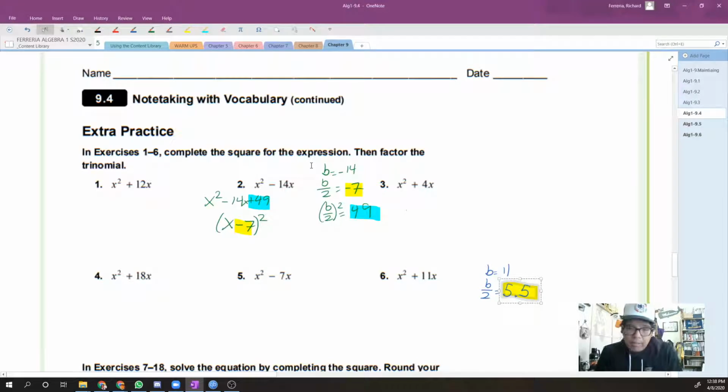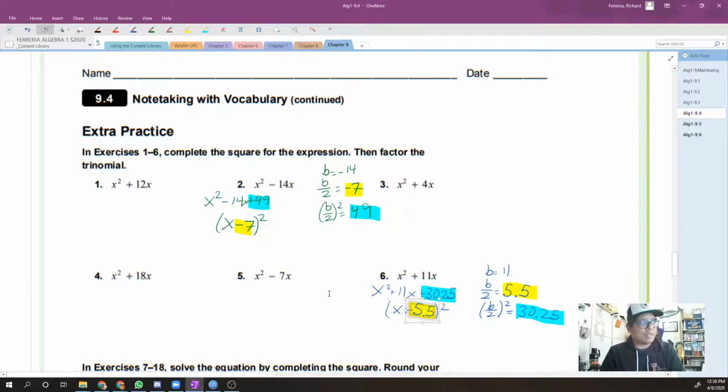Now here it's useful to use a calculator. 5.5 squared is 30.25. So to complete the square, you're going to have to add 30.25 to the quadratic equation. And then to factor, it's just going to be x plus 5.5 squared.